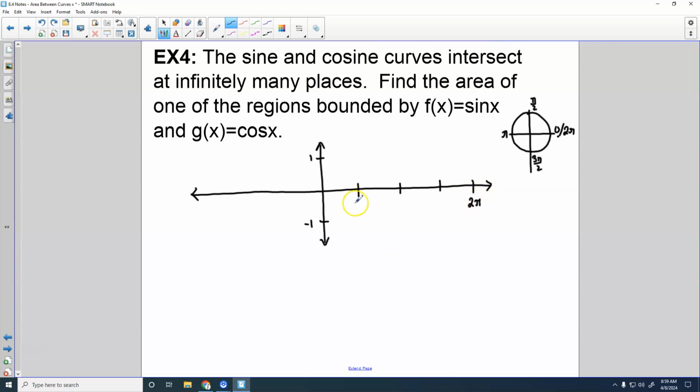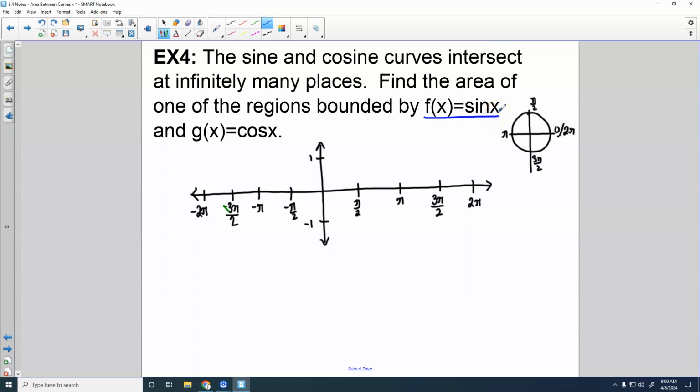This would be 2 pi here, pi over 2, pi, 3 pi over 2. And then I could do the same over here if I wanted. Oh wait, -pi over 2, -pi, -3 pi over 2.